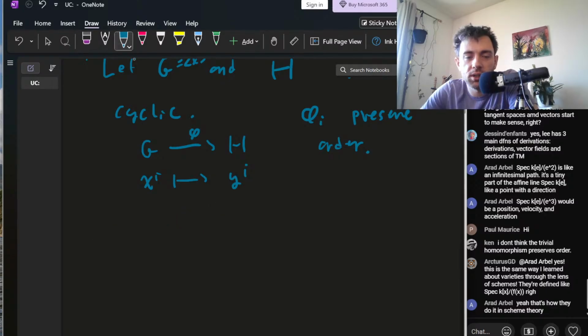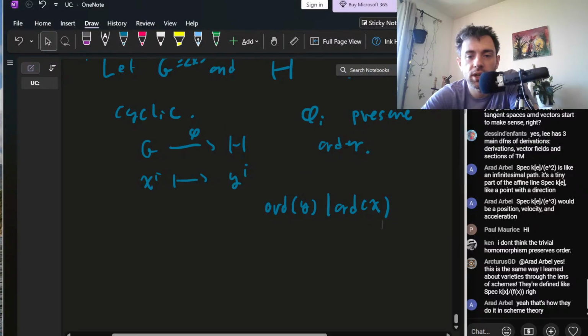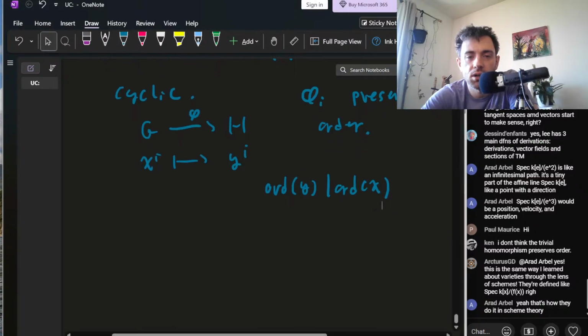So what does that mean? That means that the order of, say, the image of X, which is Y, has to divide the order of X, right? So this is exactly the one condition we need. So this is necessary, but it's also sufficient as well. As long as you have this, then you can prove it's a homomorphism.